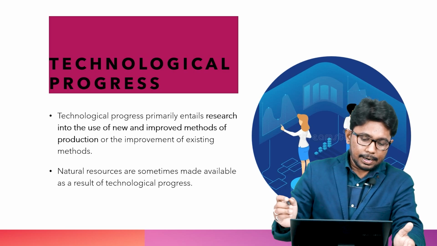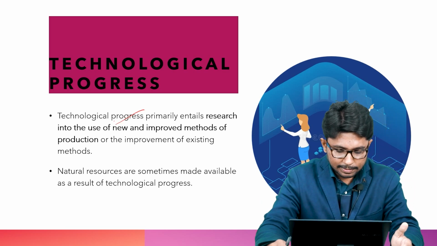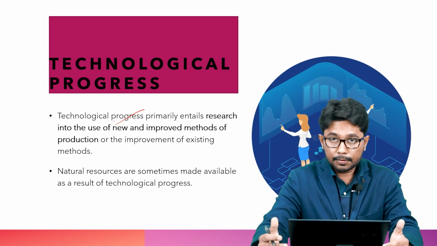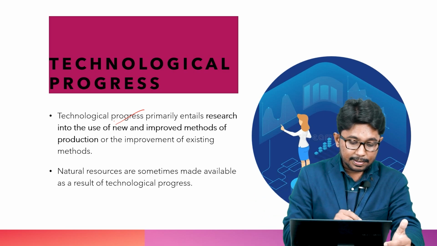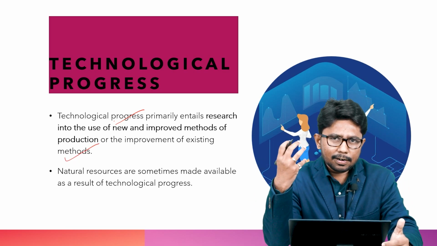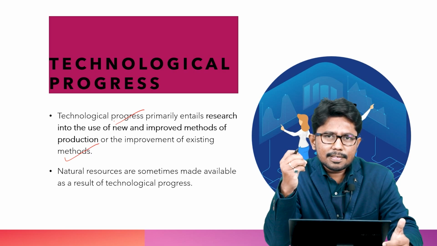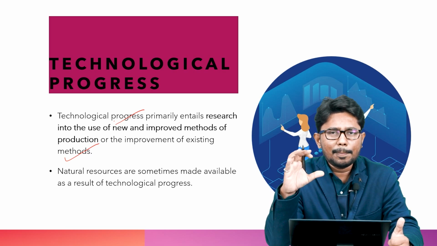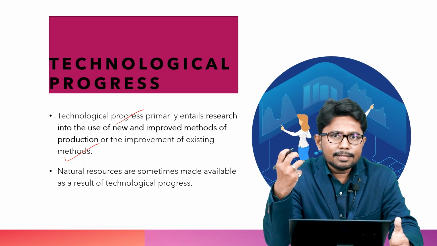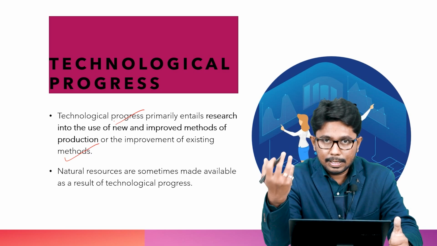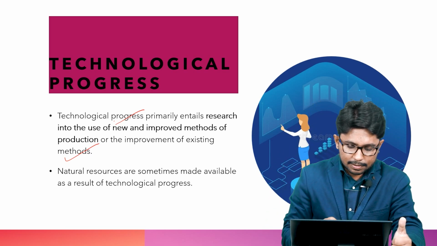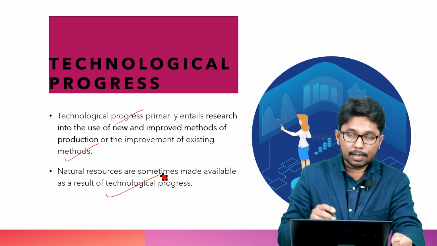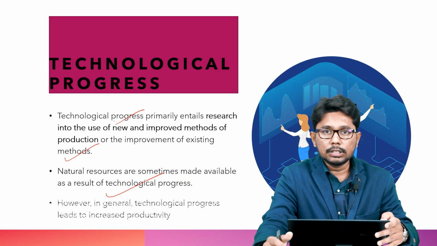Like the first line said, technological progress primarily entails research into the use of new and improved methods of production or the improvement of existing methods. Basically, technology is nothing but a modernization process, the adoption of new technology by replacing the older one. So we call this a technological process in the society.